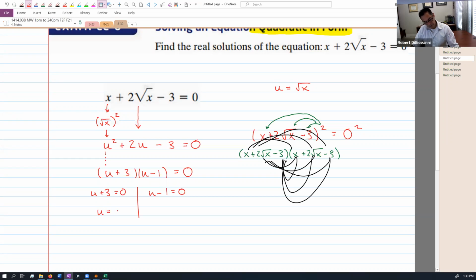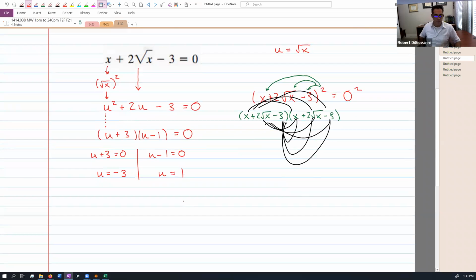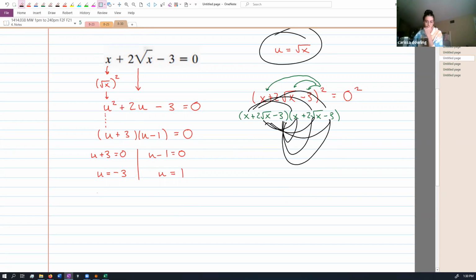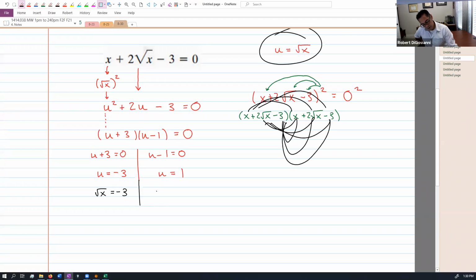I subtract 3 on both sides and I add 1 on both sides. And now we replace u with what? Remember, what was that substitution we made? Square root of x. Okay, so this becomes root x equals -3 and root x equals 1.